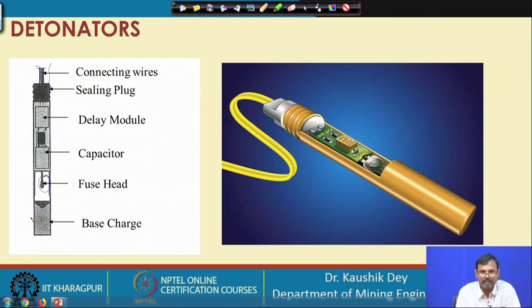So, basically, earlier in the pyrotechnic delay the delay is provided by burning of the chemical, but here the delay is provided in the electrical pulse, that means the electrical pulse reaches the fuse head with that particular delay. So, that much modification is carried out here, and that is the constructional feature of the electronic detonator.